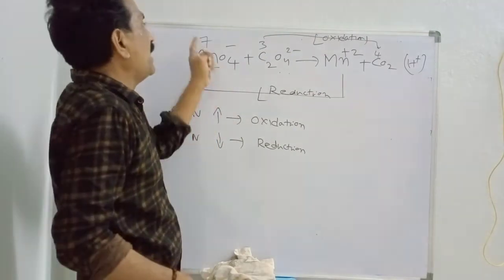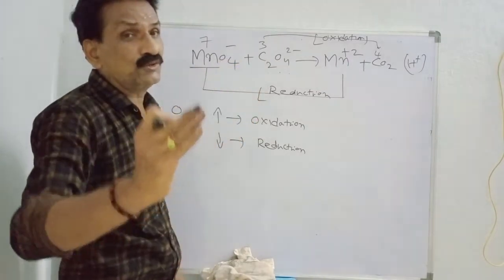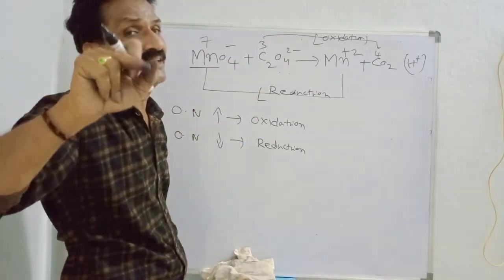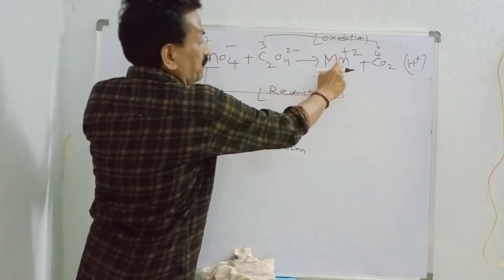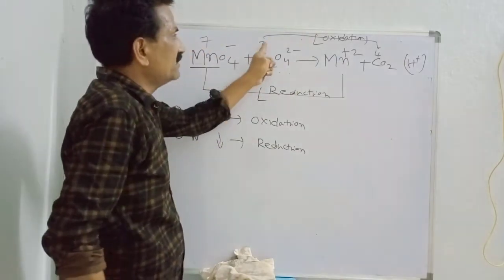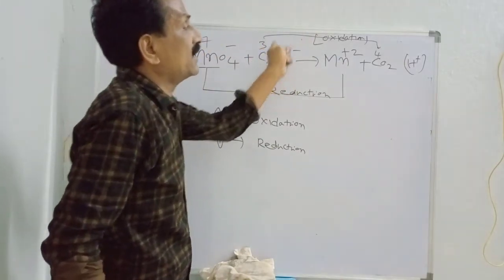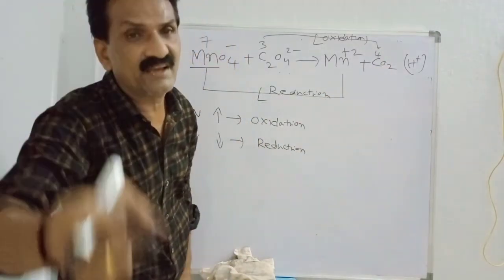Second point: I have mentioned which half reaction undergoes oxidation and which undergoes reduction. MnO4 minus converted to Mn plus 2. This is the reduction half reaction. C2O4 2 minus, the oxalate ion, converted to carbon dioxide. This is the oxidation half reaction.